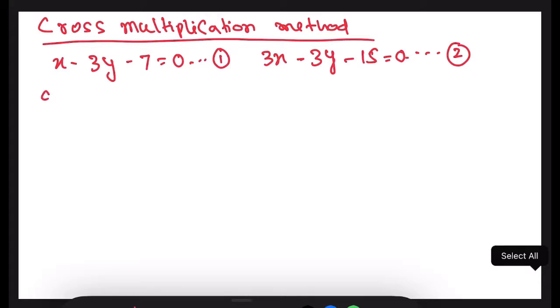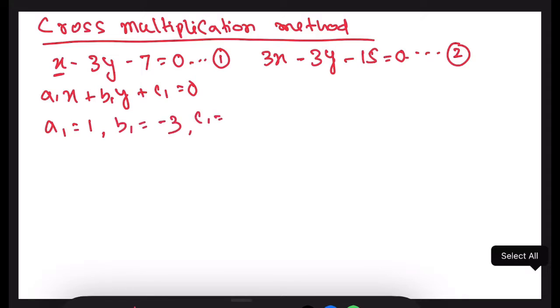The first equation we will compare with A1x plus B1y plus C1 equals 0. So, in the first equation A1 is what? The x coefficient is 1, A1 equals 1. Then B1 equals minus 3 and C1 equals minus 7.